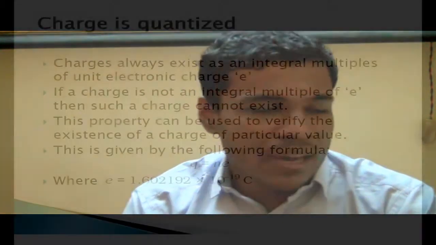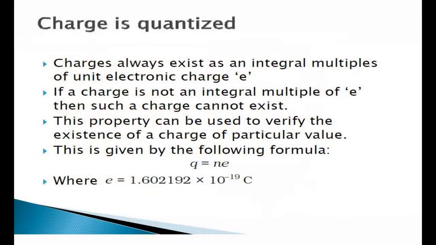It is quantized as integral multiples of a basic electronic charge. Okay, basic electronic charge, that is the charge of an electron. So charge will always be an integral multiple of this basic electronic charge. So if someone says randomly that this amount of charge is present in a body, we can very well verify whether it is possible.